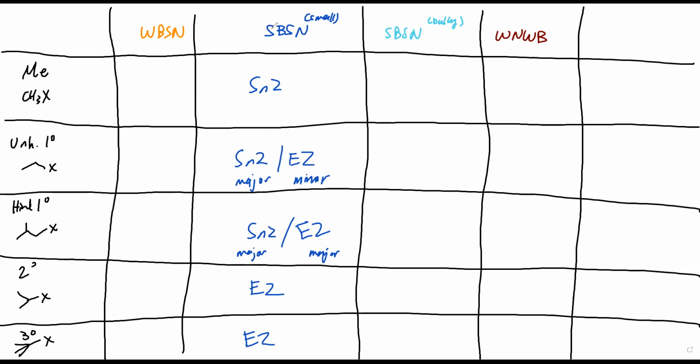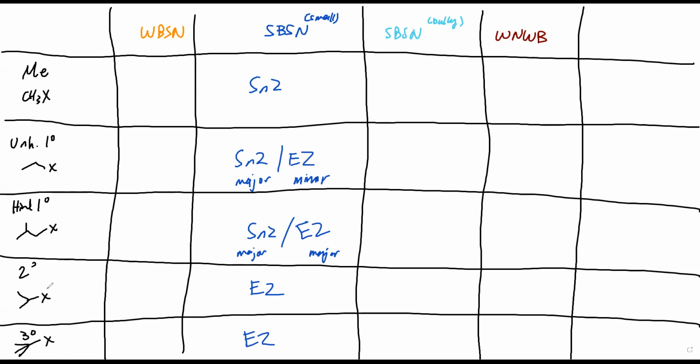So if we have strongly basic strong nucleophiles, we should expect SN2 for methyls, and then once we start adding in beta carbons or beta hydrogens, that's when we start to expect a little more E2 action. It's kind of like a transition: SN2 is major, and then once we get to hindered, E2 is major, and SN2 just fades out after secondary and tertiary.